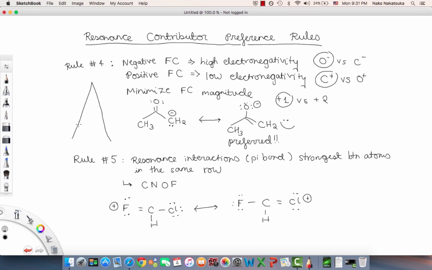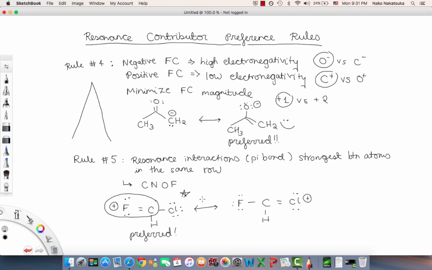So think of this as rule number 5 bigger than rule number 4. So in this case, since carbon and fluorine are in the same row, that overrules the fact that chlorine is less electronegative. Carbon is in the second row, but chlorine is in the third row, and thus this is the less important contributor, and this guy is preferred.